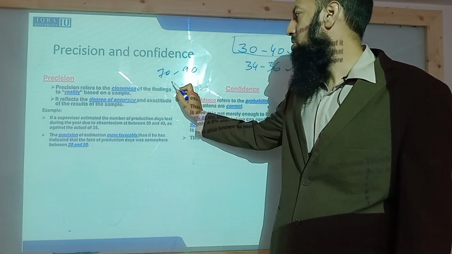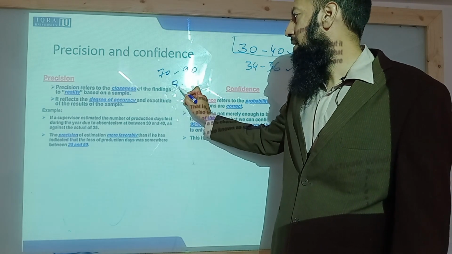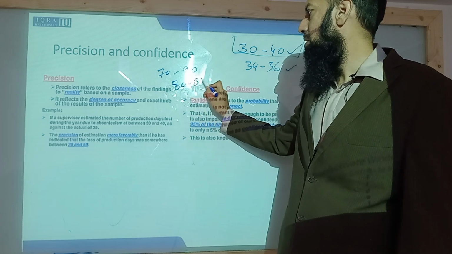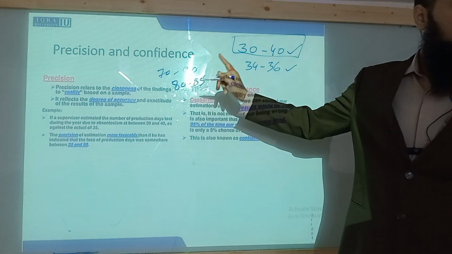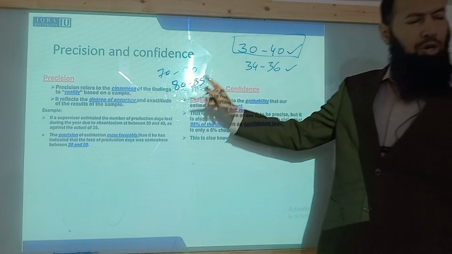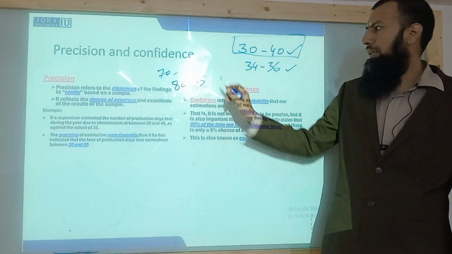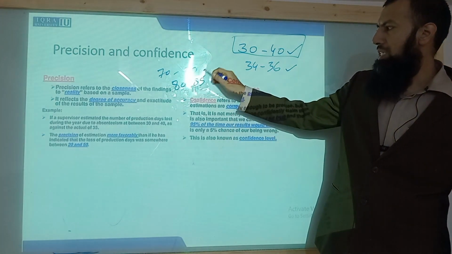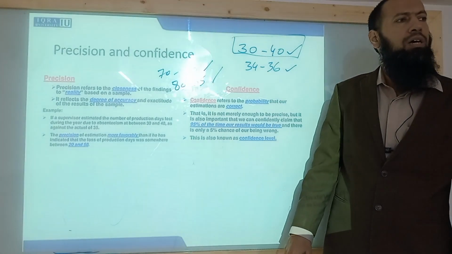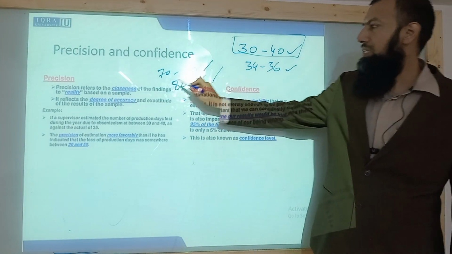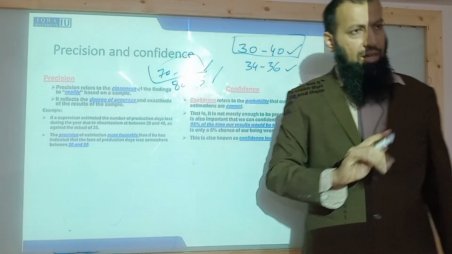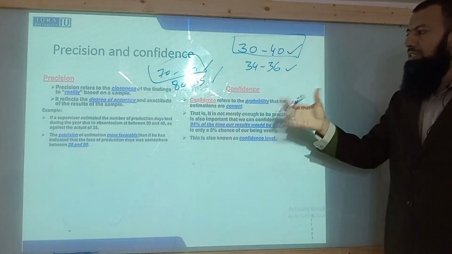Instead, if I say your class would get 80 to 85 marks. What is the chance of my being close to the actual result? Would I have more chances here or here? In this. Okay, understood? This is precision.